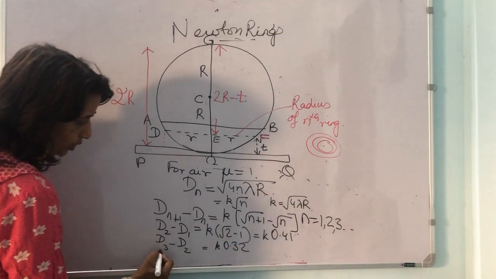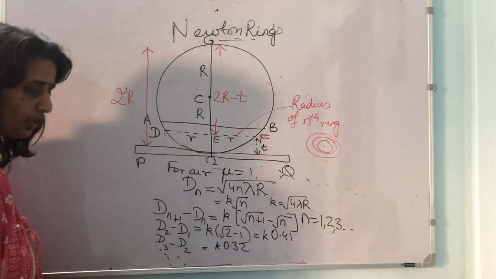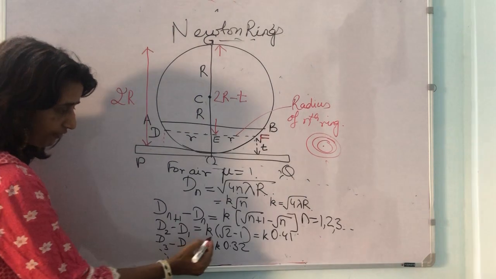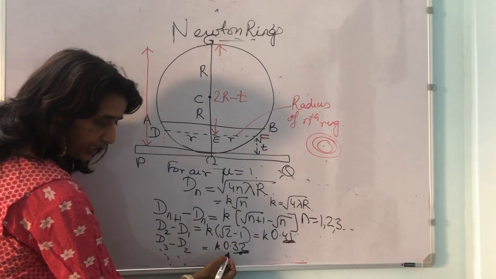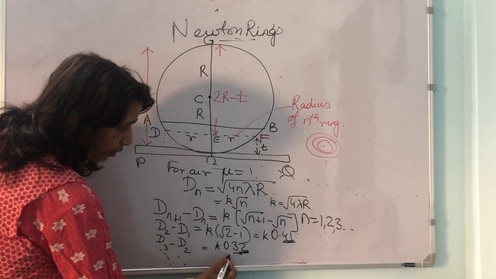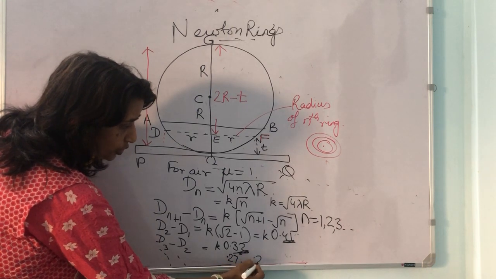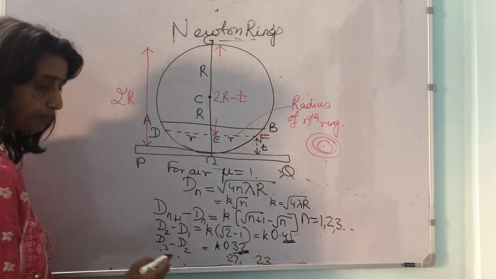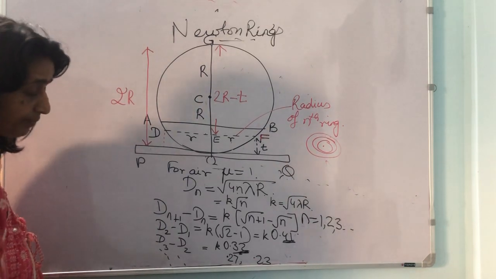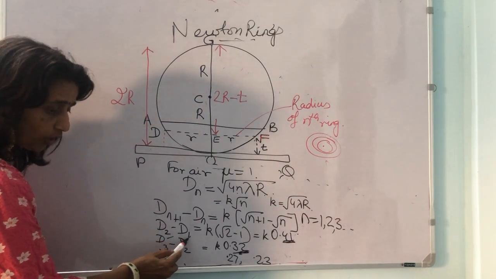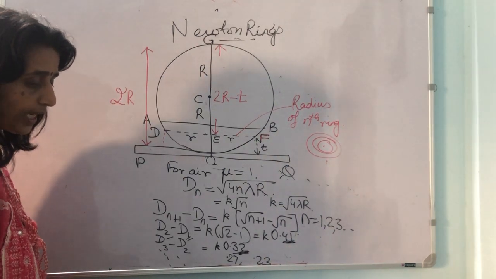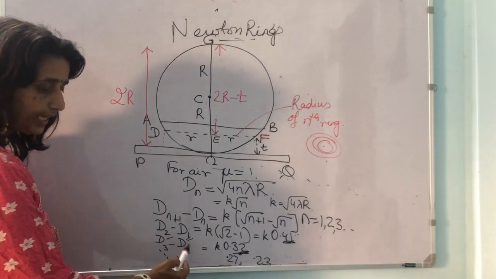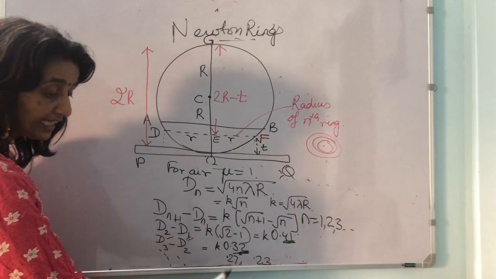You keep increasing like this, and you will note that the value is decreasing from 0.41, 0.32, then further 0.27, 0.23, and so on. So the spacing is decreasing with the order of the rings. Fringes get closer and closer as their order increases.